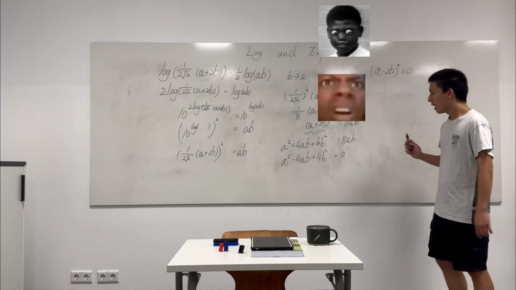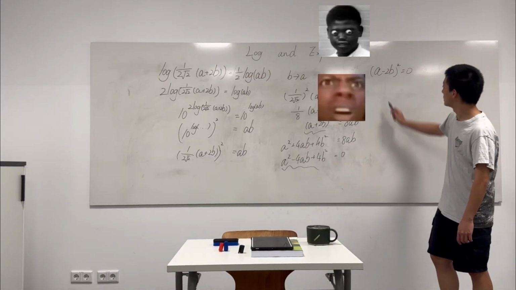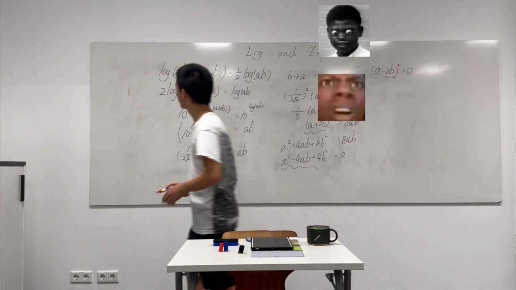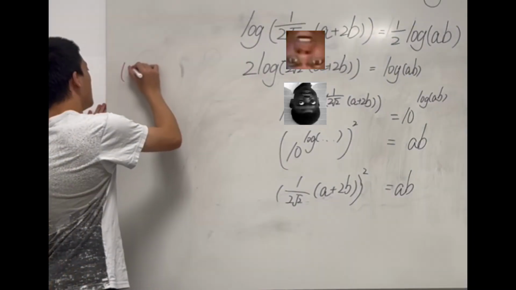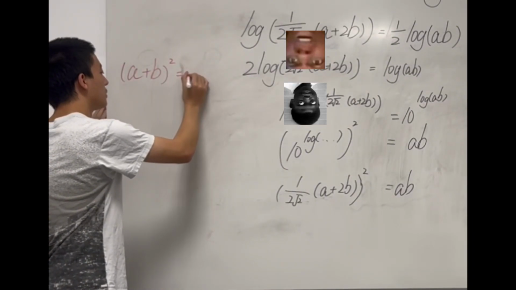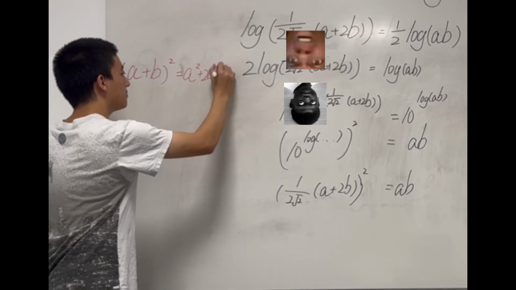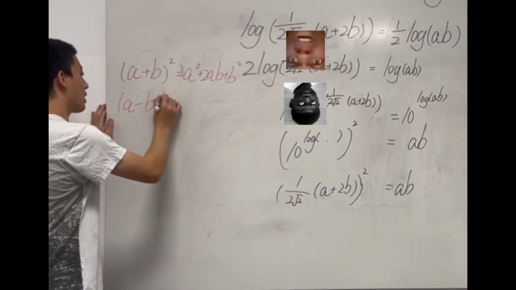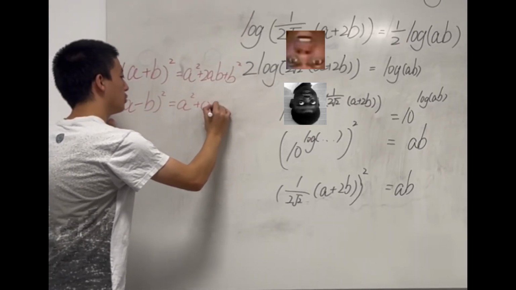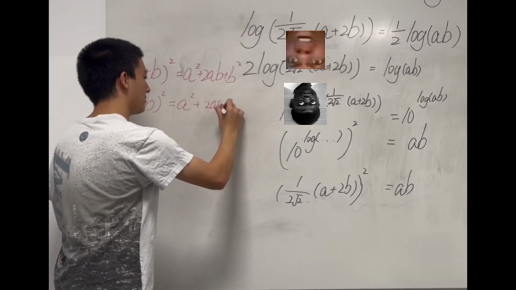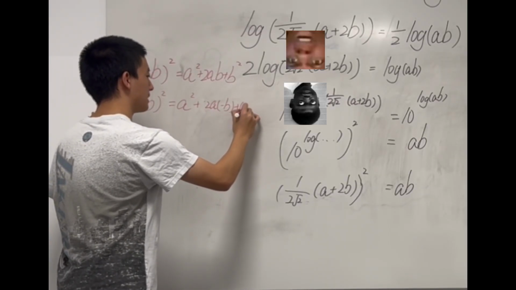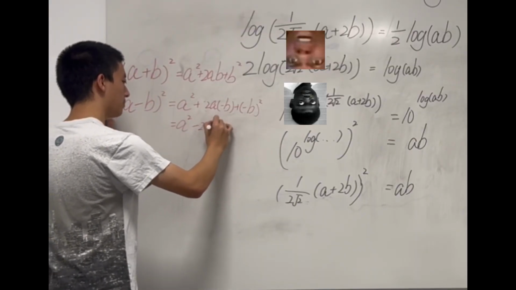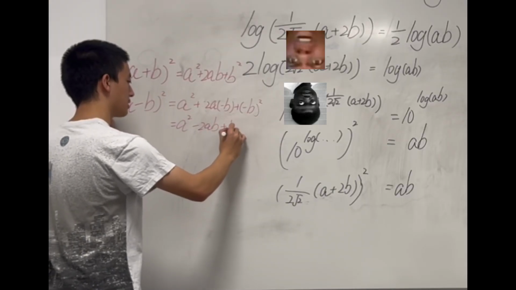Maybe you guys want to ask, how do I know that this thing is equal to this thing? It's because, look at here. A plus b to the power of 2 is equal to a squared plus 2ab plus b squared. And a minus b squared is equal to a squared plus 2a times negative b, then plus negative b squared, which is equal to a squared minus 2ab plus b squared.